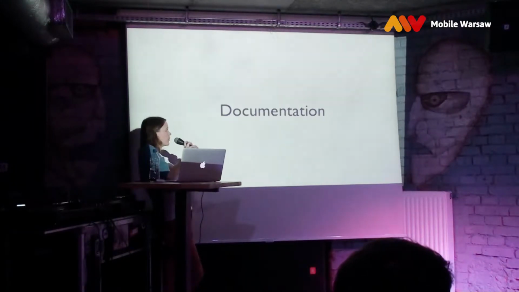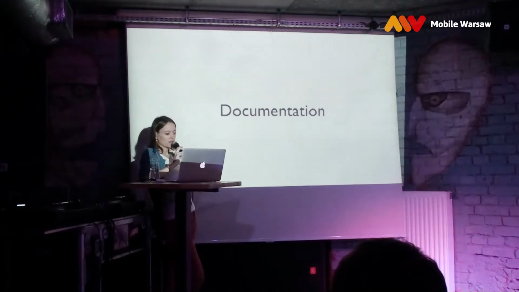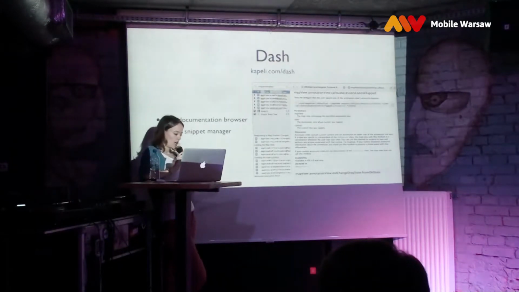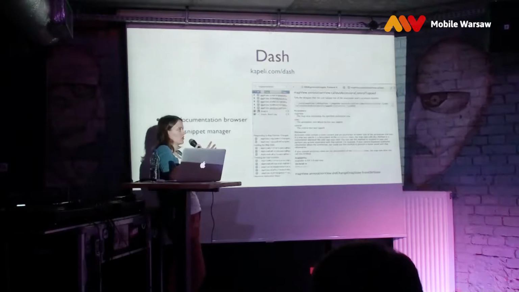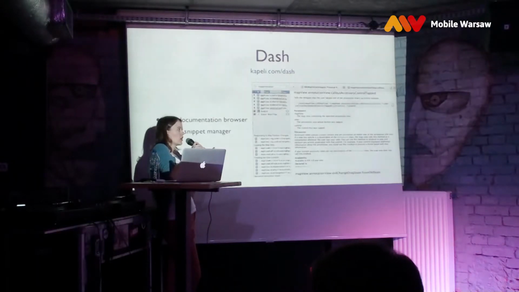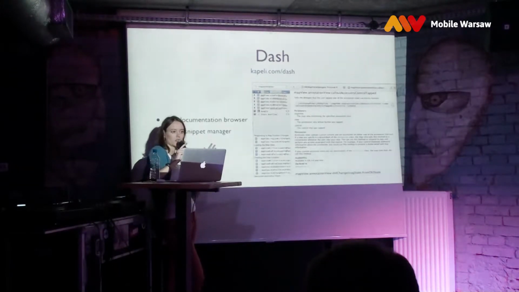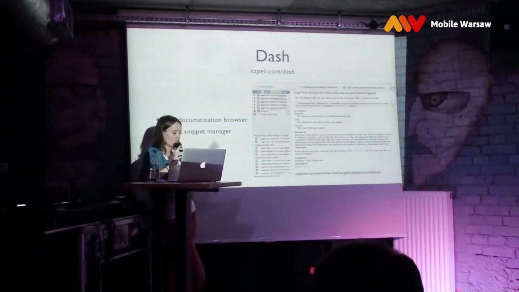Now, the other big slice is documentation. First thing is Dash. It's a must-have documentation browser and code snippets manager. It allows you to download 80-something sets of documentation of APIs, different languages, frameworks, allows you to browse and search through them quickly, and it really is very convenient.